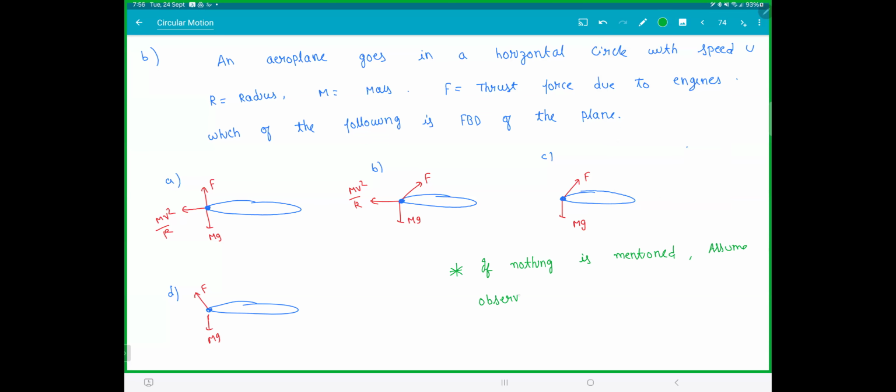Now you tell me, if the observer is in the ground frame, will he see centrifugal force? The centrifugal force is something you created for your convenience to solve problems. It doesn't exist. If nothing is mentioned, assume the observer is in the ground frame.